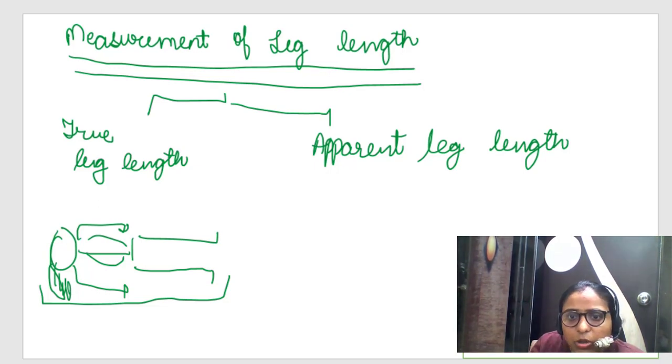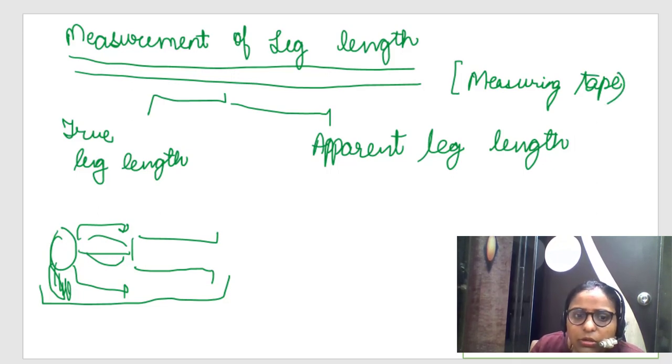The instrument by which you have to measure it is the measuring tape. What you have to do is, there is your ASIS, the anterior superior iliac spine, right? That is the anterior part of your pelvic bone. This is your anterior superior iliac spine.